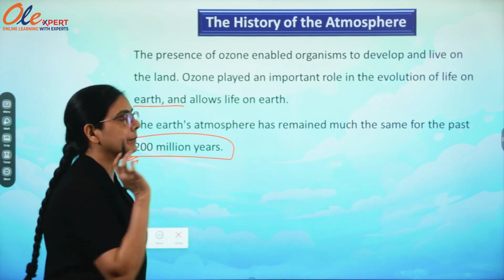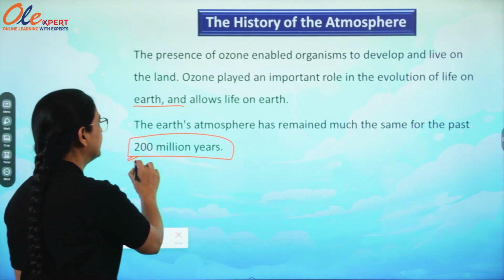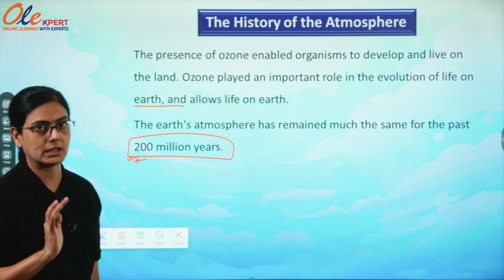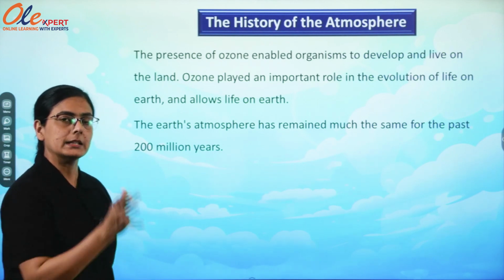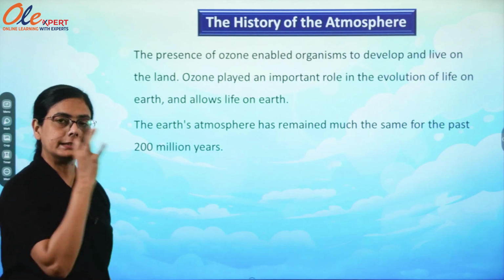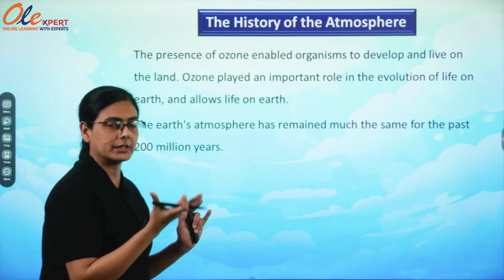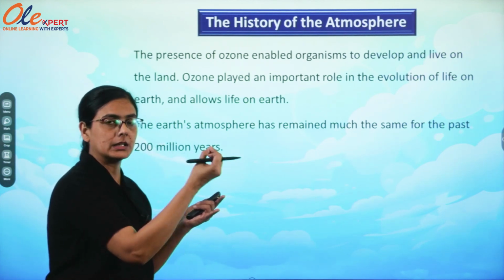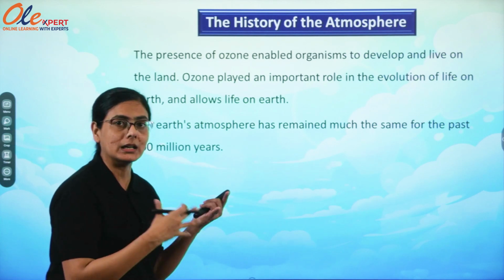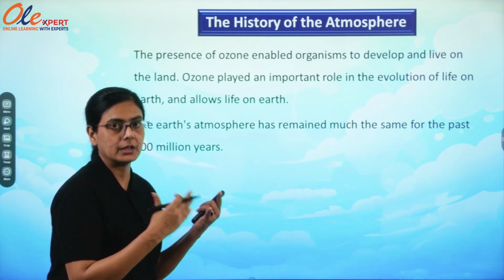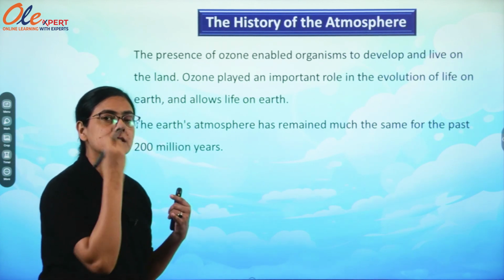So this was the history of the atmosphere. First, the evolution of Earth happened, then the hydrosphere. In the hydrosphere, blue-green algae were the organisms which generated oxygen through photosynthesis, forming a layer around the atmosphere which protects our Earth from the UV rays coming from the sun.